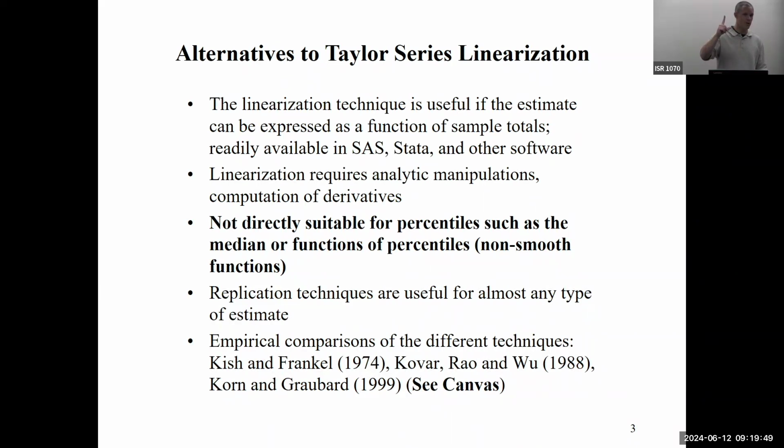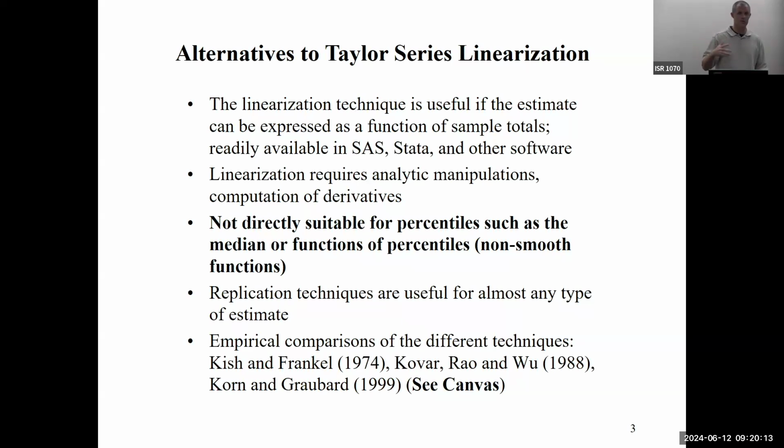To fit one model, are you going to wait 30 minutes times 100 just to get standard errors for that one model? That's the trade-off. And that's why linearization is the default computationally. It's quick. Quick computation makes the life of the data user easy.